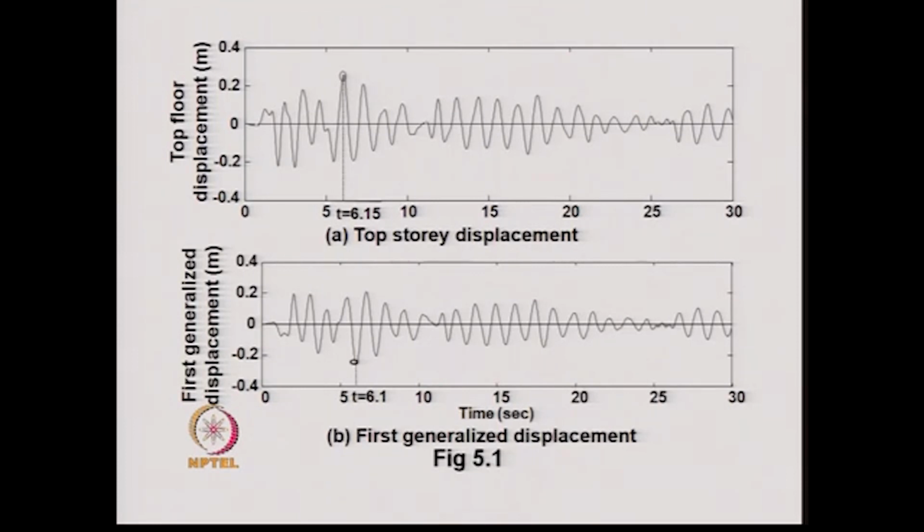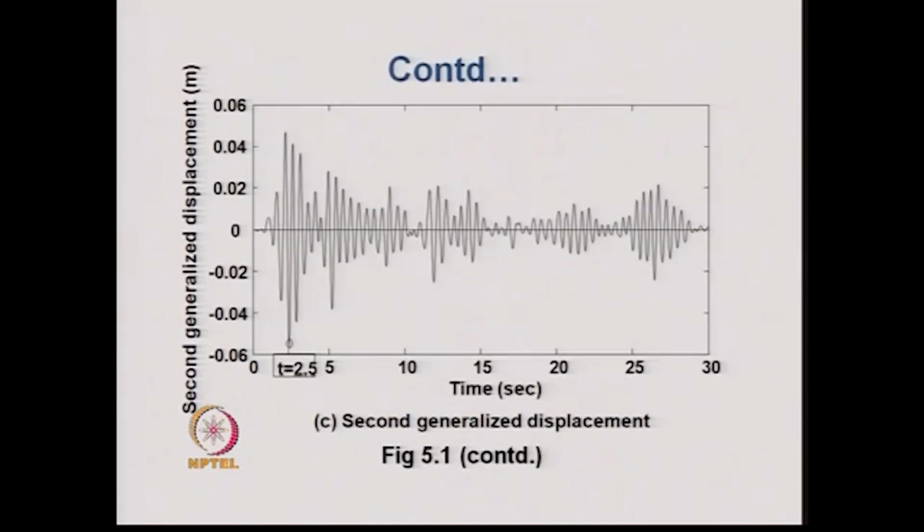Now, if we consider the first generalized displacement, we find that the maximum value occurs at t equal to 6.1, and at that time the value is negative, not positive. So, if we sum up the absolute values, we are ignoring the sign.